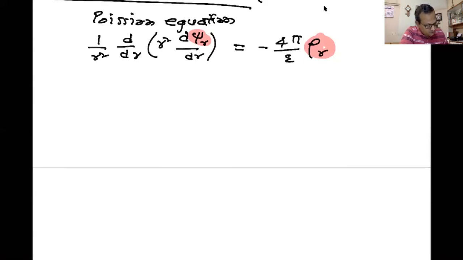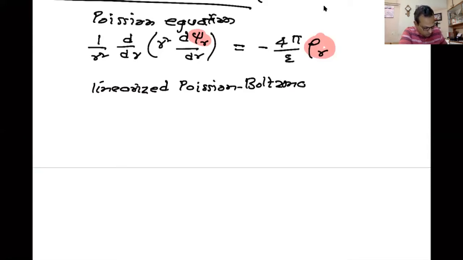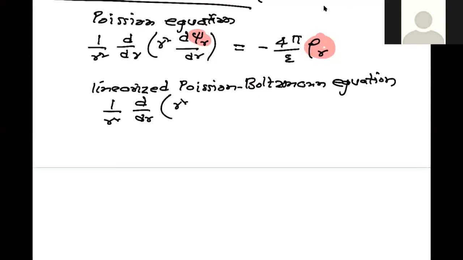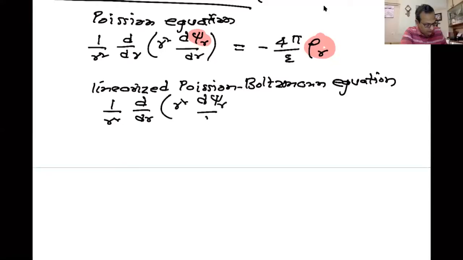And my linearized Poisson-Boltzmann equation is 1 upon r square d by dr of r square d psi r by dr is equal to chi square psi r.